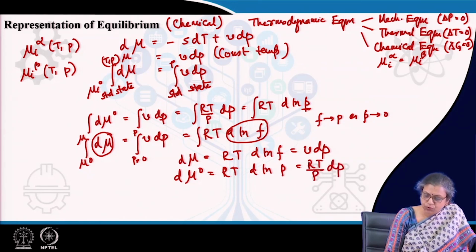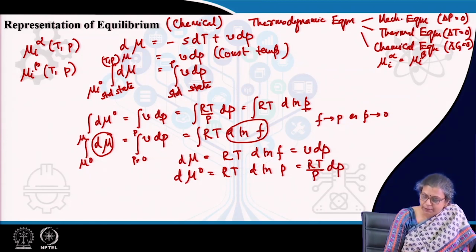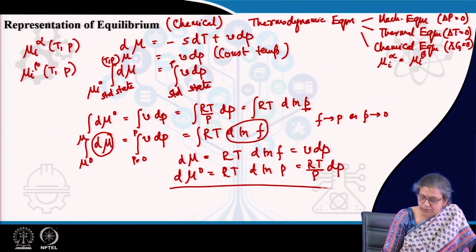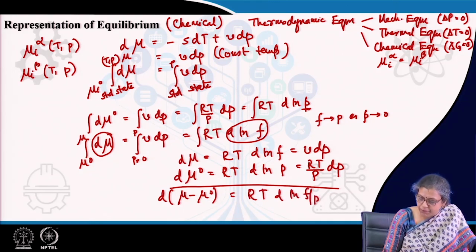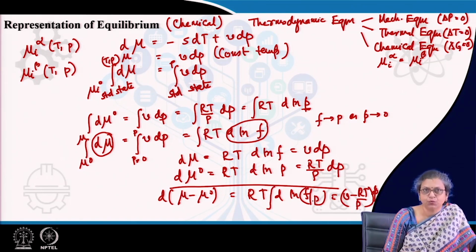So, if we want to find out mu under any particular condition, we simply write it in these terms, and from here d of mu minus mu 0 is equal to RT d ln F by P, which equals V minus RT by P dP. Now we can integrate this equation from what state? F by P equals 1.